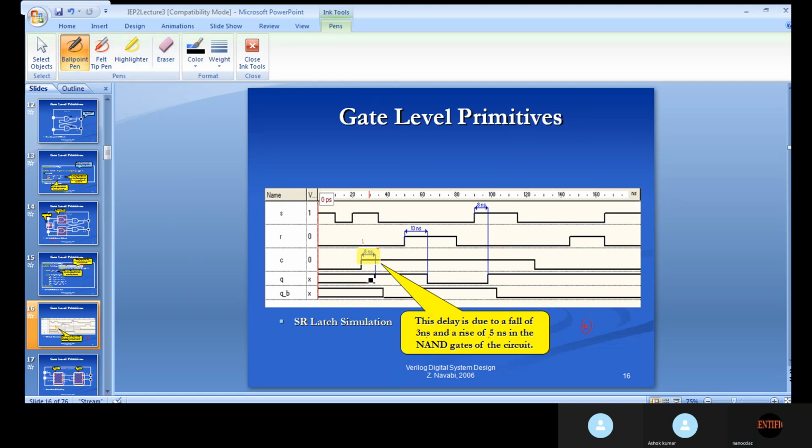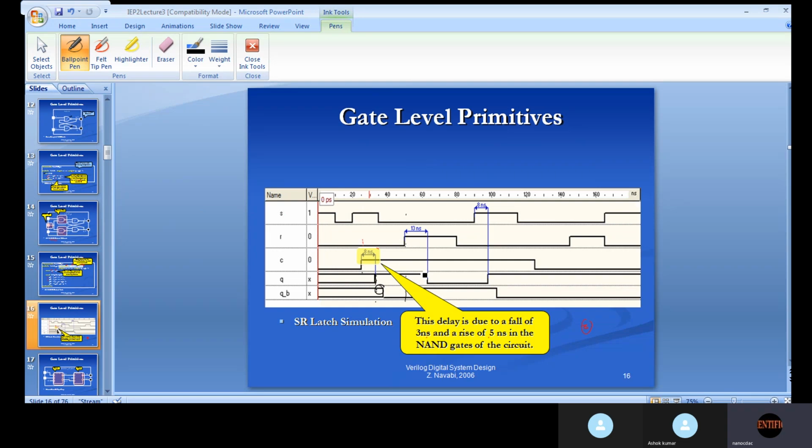Okay, look here also. So you can see a change here. You can see a change at Q and Q bar. Easily you can see it: as soon as Q becomes 1, Q bar should be equal to 0, but here it is taking some time.